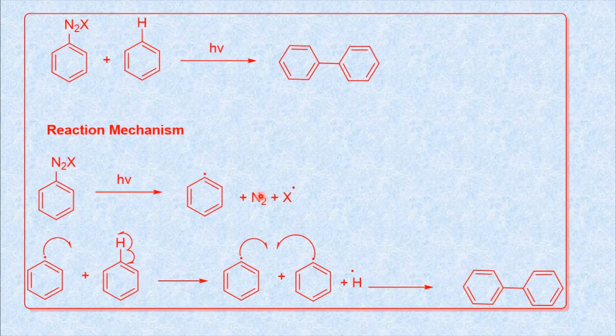Furthermore, it has been shown that both electron donating and electron withdrawing groups stabilize the free radical.